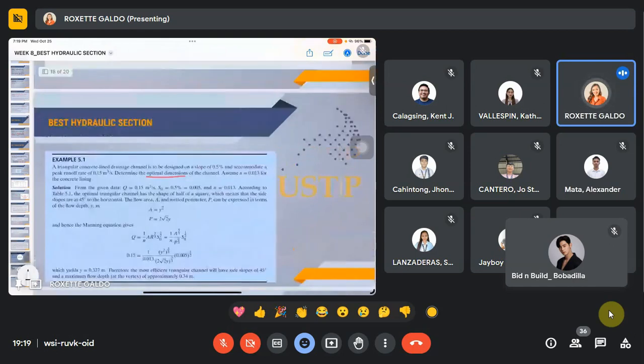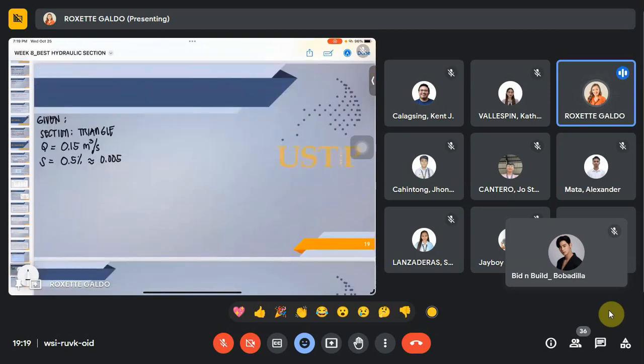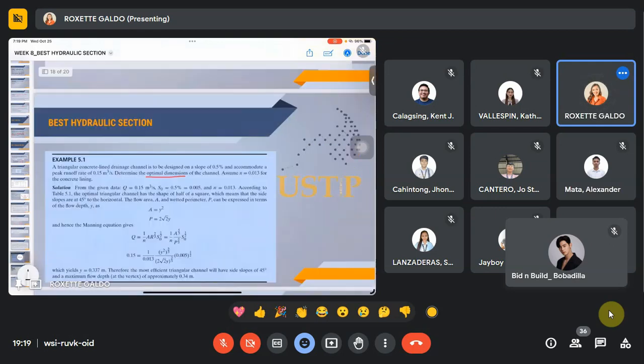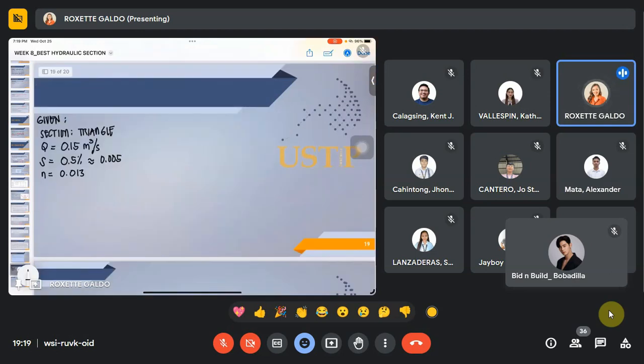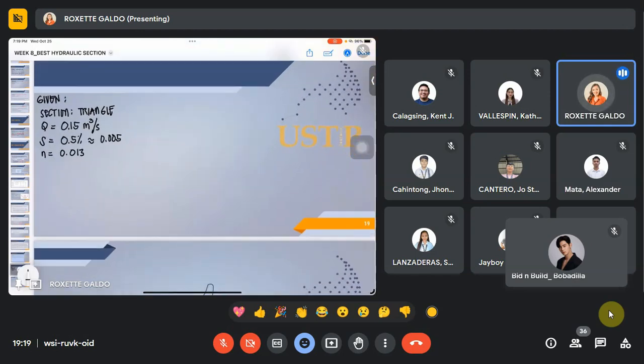What else is given? N is also given, which is equivalent to 0.013. Okay, that's all. Now let us solve.